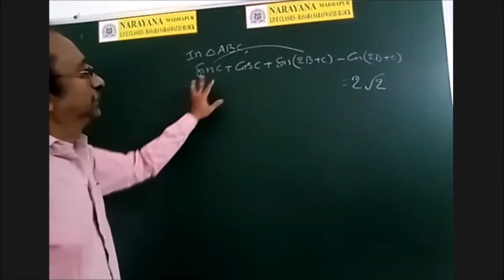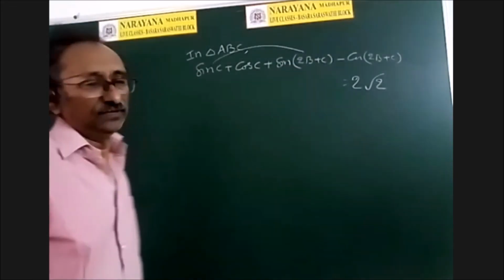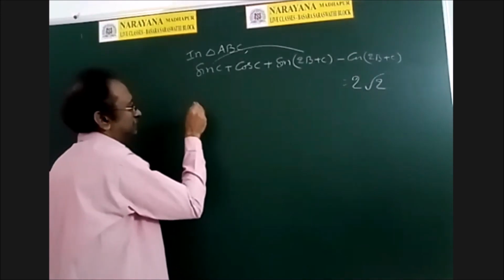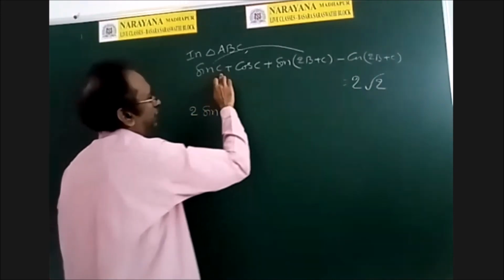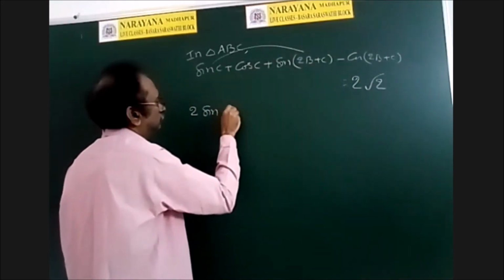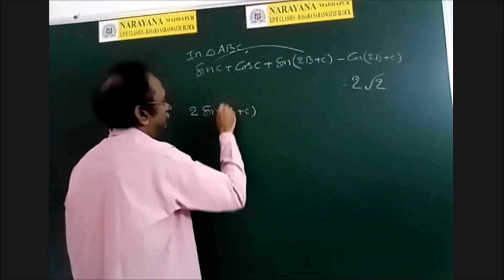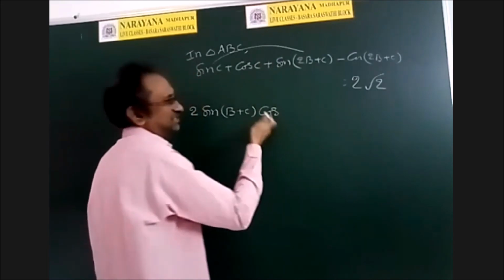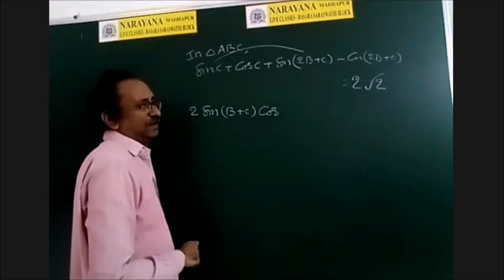So sin C plus sin (2B plus C). First of all, apply transformations. So what is the formula? Sin C plus sin D is 2 sin (C plus D) by 2, that is sin (B plus C), cos of this minus this by 2. Cos is there, so don't care about negative.